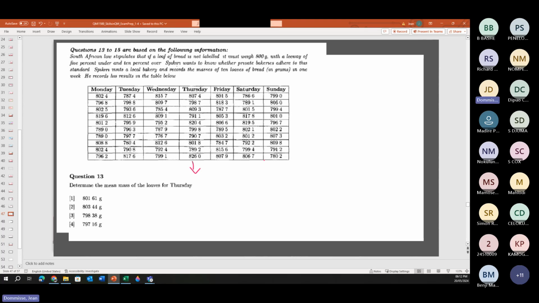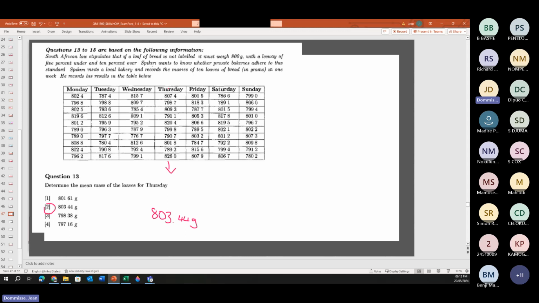I will probably just check it with Excel. I got the sum is 8034.4. If I divide by 10, I get 803.44 grams, which would have been option 2. But basically, add all of them and divide by n to give you the average.